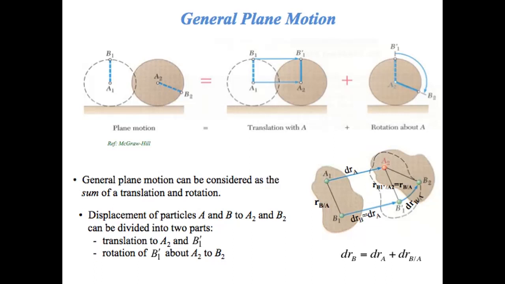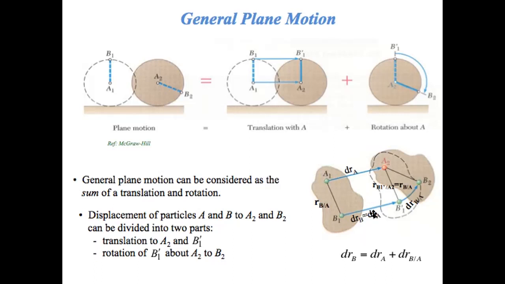If you remember, during translation, the displacement of all particles in the rigid body is the same. Therefore, the displacement of point B1 is the same as the displacement of A1 during the first step, so dr_B is equal to dr_A.